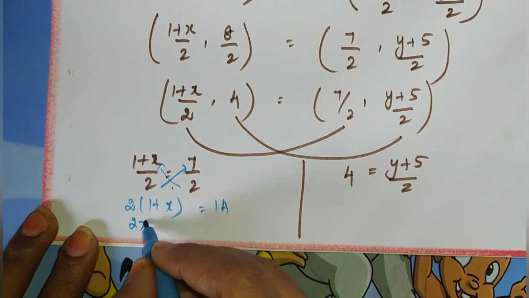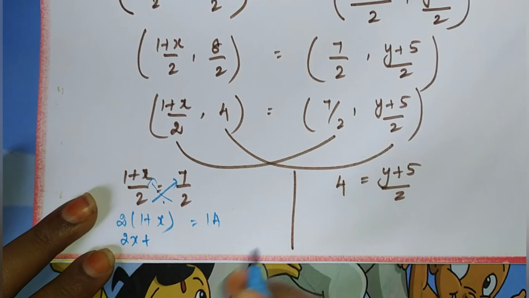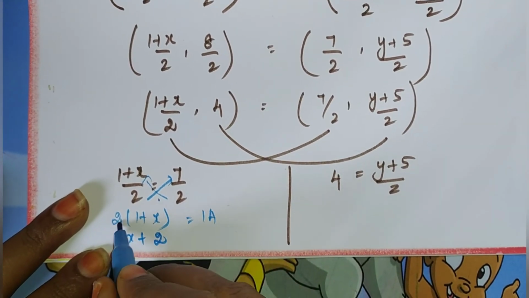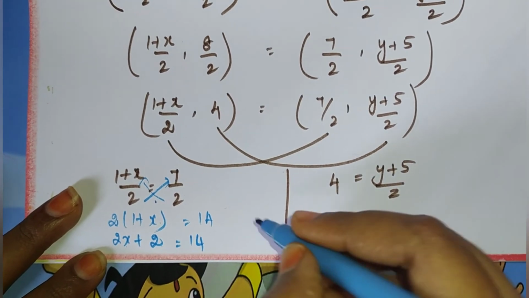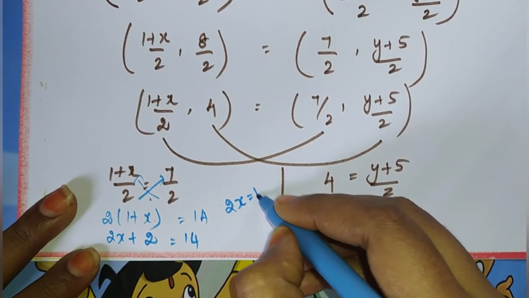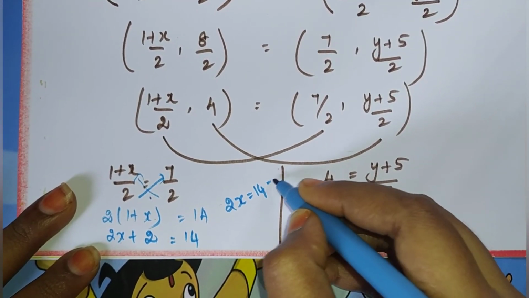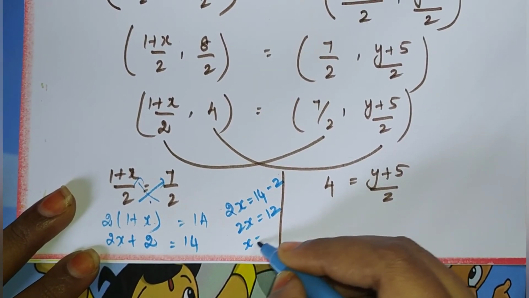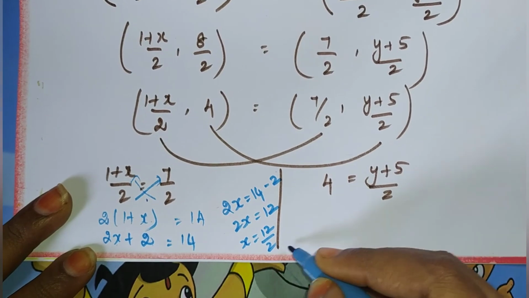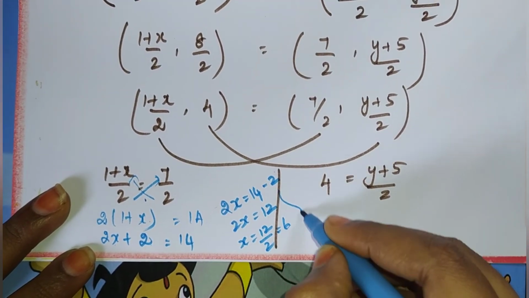So 2 plus 2x, 2 ones are 2, 2 into x is 2x, equal to 14. Then 2x is equal to 14 minus 2, 2x is equal to 12, and then x is equal to 6.